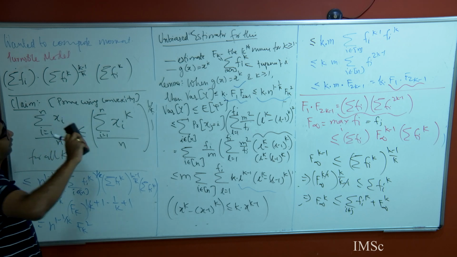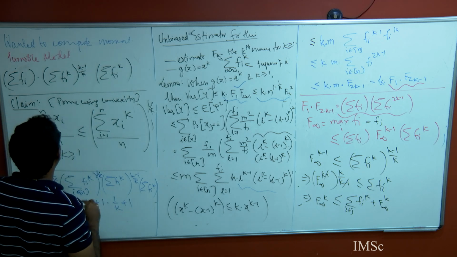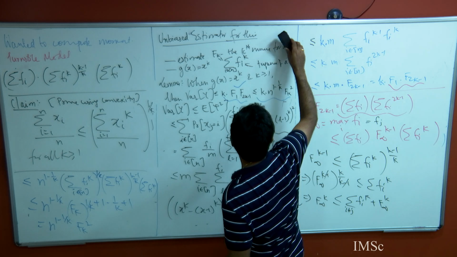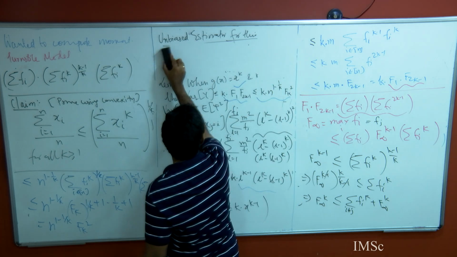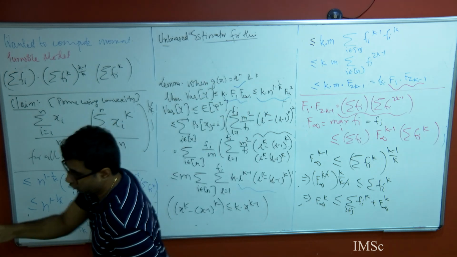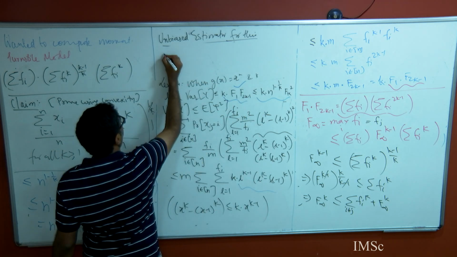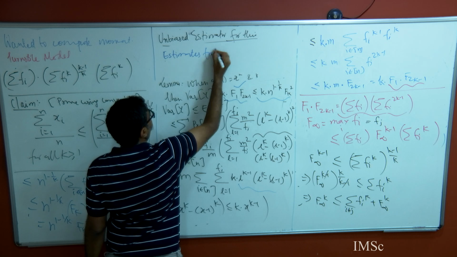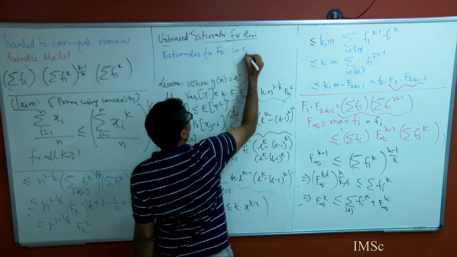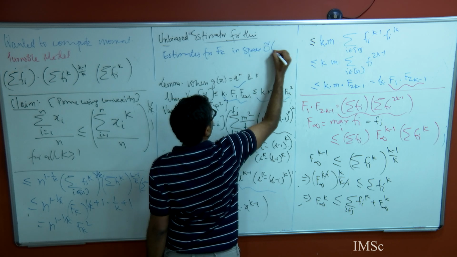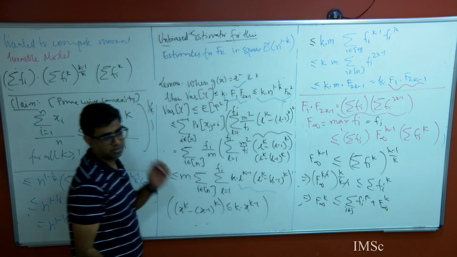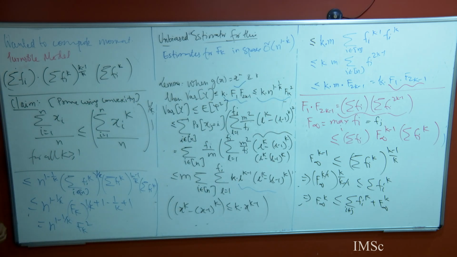We learned that we can do estimates for Fk in space Õ(n^(1-1/k)). Of course, there is some epsilon and delta hidden here, but this is what we can do.